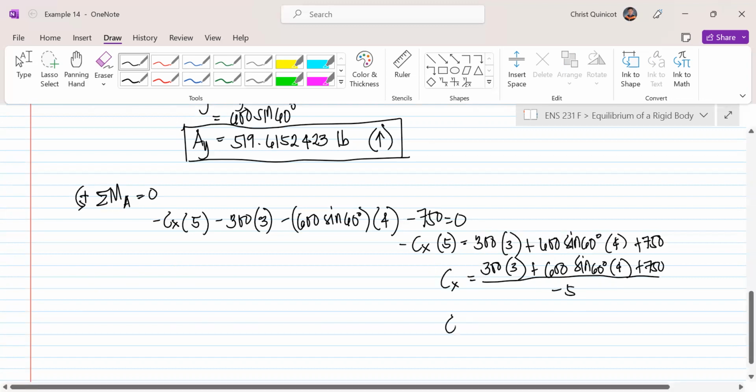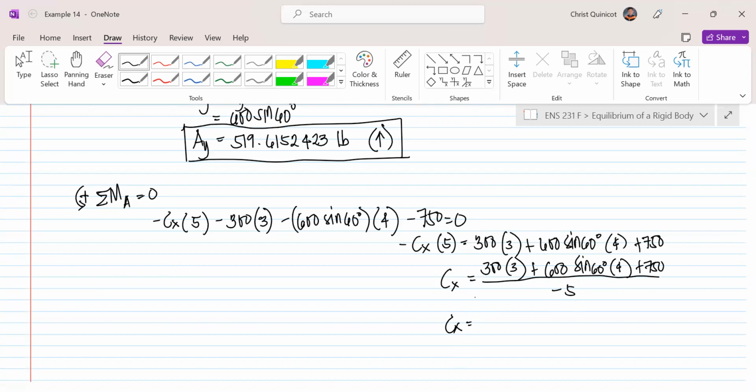So our C sub x is 300 times 3, that's 900, plus parentheses, 600 sine 60, close parentheses, times 4.